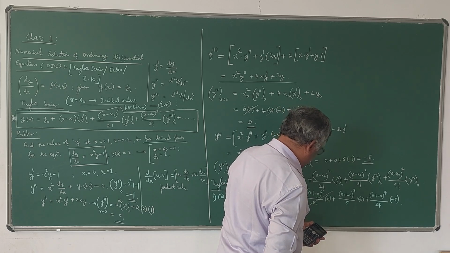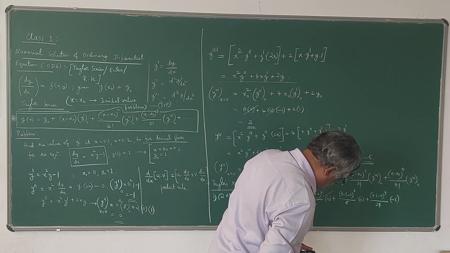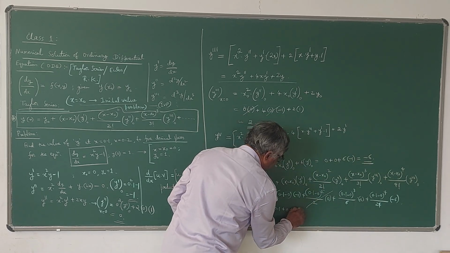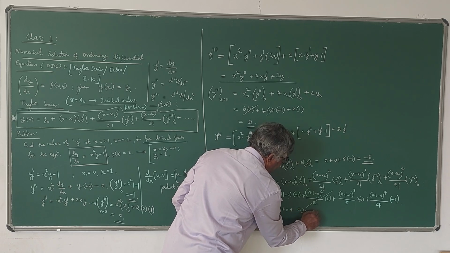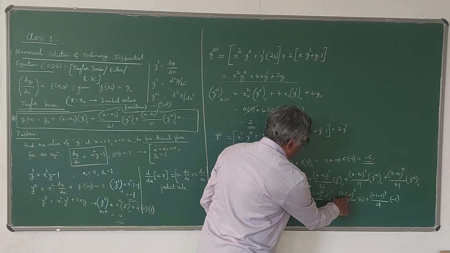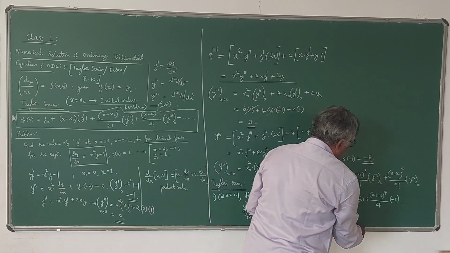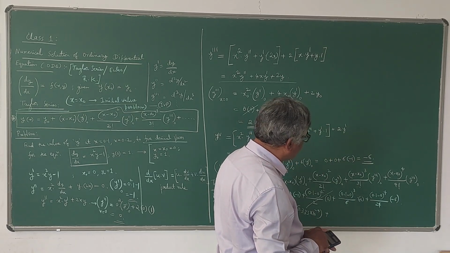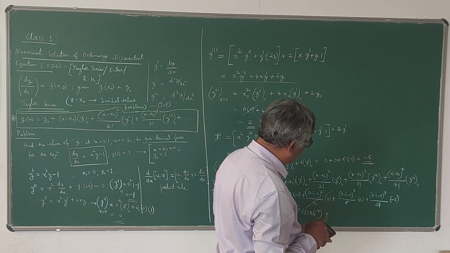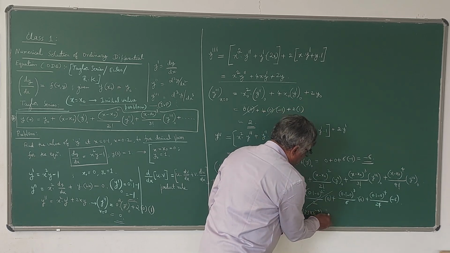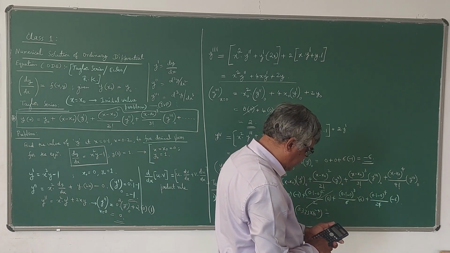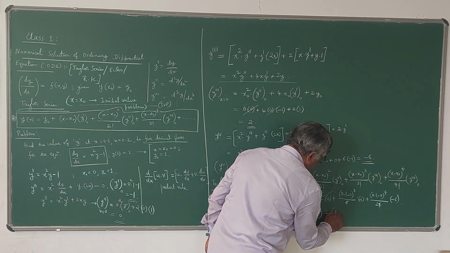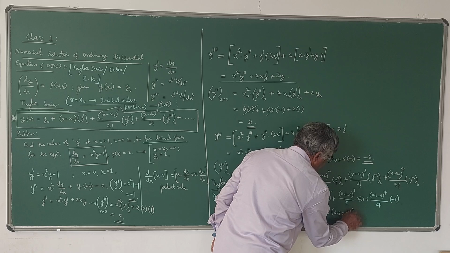So the value now here is 3.333 into 10 power minus 4. That is this value. Then plus the last value: 0.1 to the power 4 is 0.0001 multiplied by minus 6 by 4, so it becomes minus, divided by 4. So the value is 2.5 into 10 power minus 5.